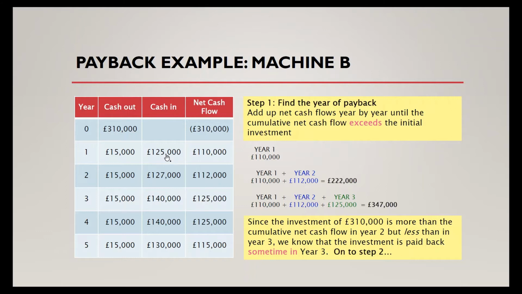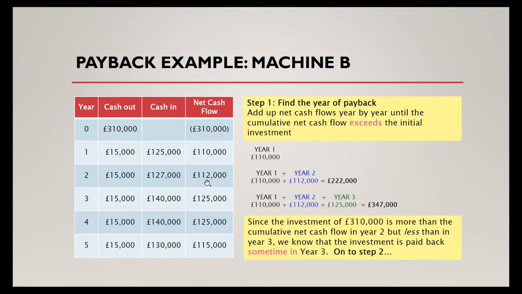To calculate the net cash flow, we deduct £15,000, which gives us a year 1 net cash flow of £110,000. This £110,000 is apparently smaller than the £310,000 of initial investment, and therefore we have to look at year 2 to see if we add up year 1 and year 2, is it going to be bigger than the initial investment.